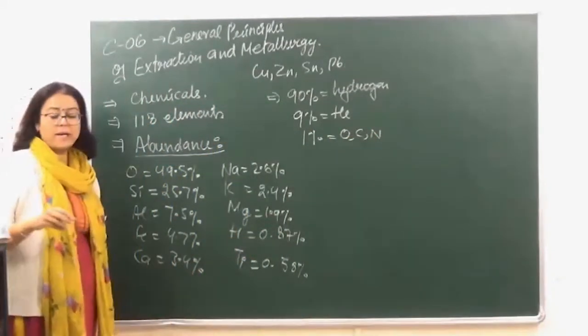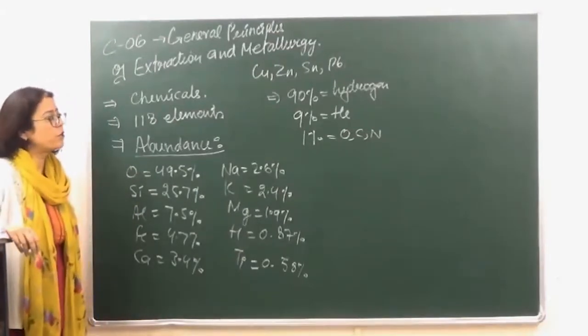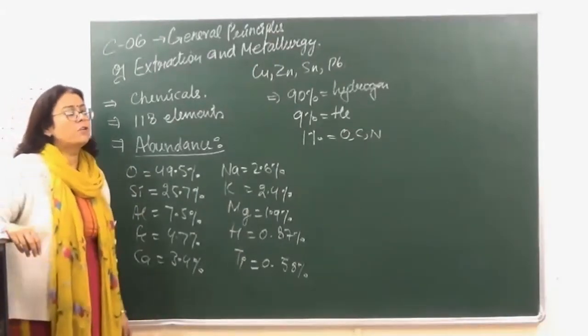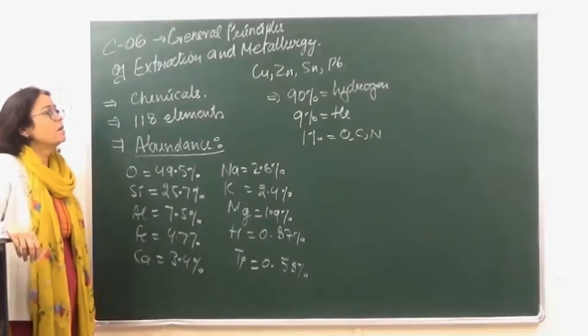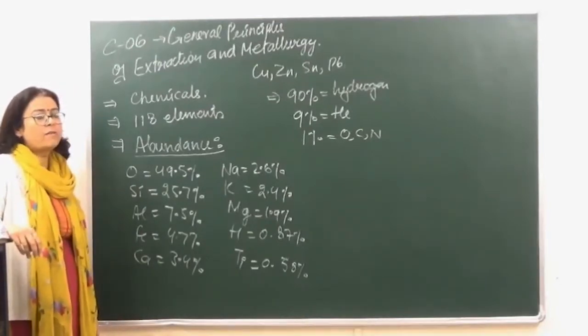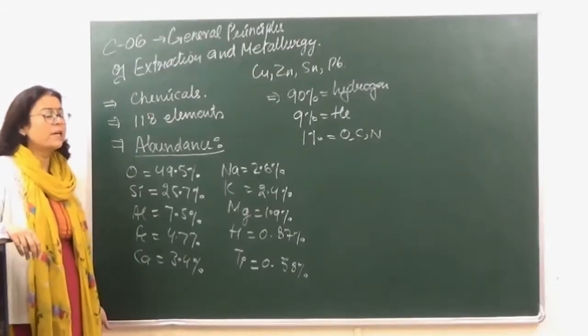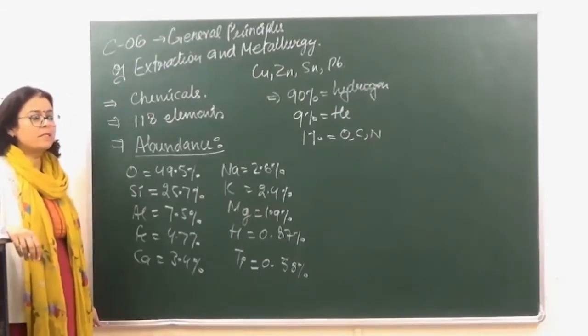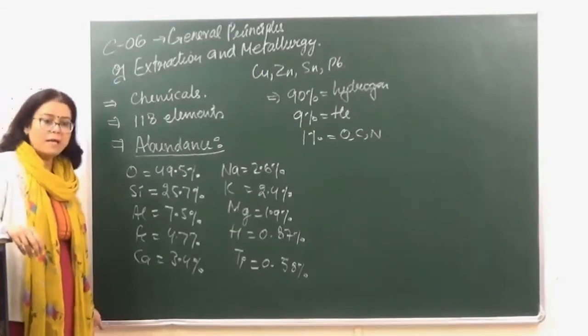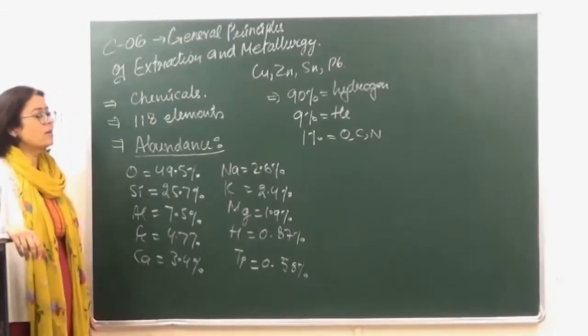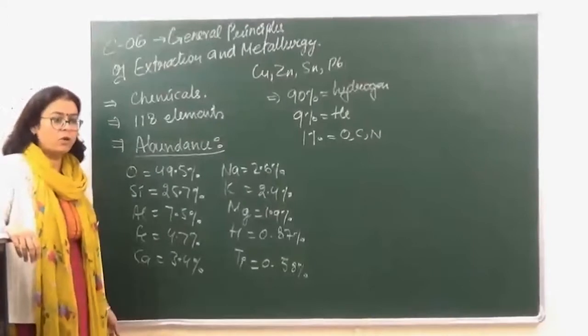So this is the entire composition of the universe. We are talking not of Earth only. You know that Sun and all, they have and other planets also, they have two gases in abundance. One is hydrogen and the other one is helium. ठीक है? Oxygen वगैरह वहाँ पे वैसे ही present नहीं है because there is no life. Okay? And oxygen is one of the supporter for life. All right.